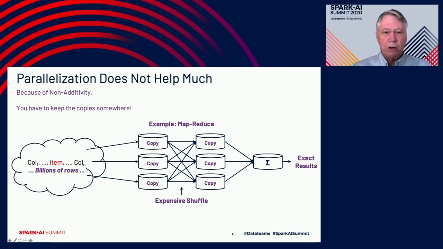Even after you have split all the data, you've got very expensive shuffles in the middle of the process, and then you still have to do the distinct count or whatever the non-additive computation is for each of the partitions. So it is not cheap to do this.